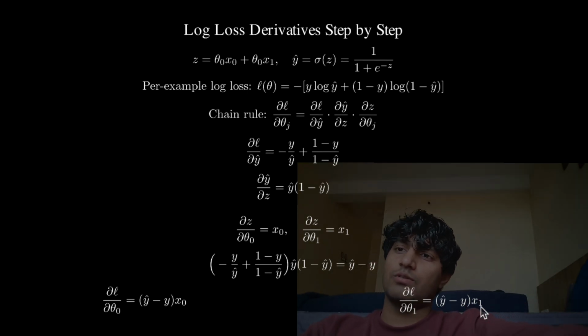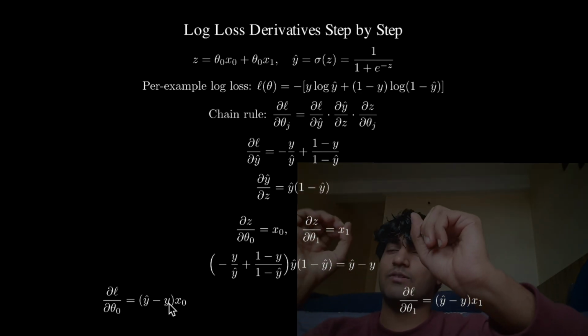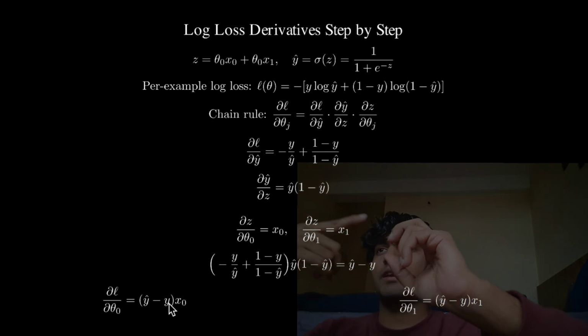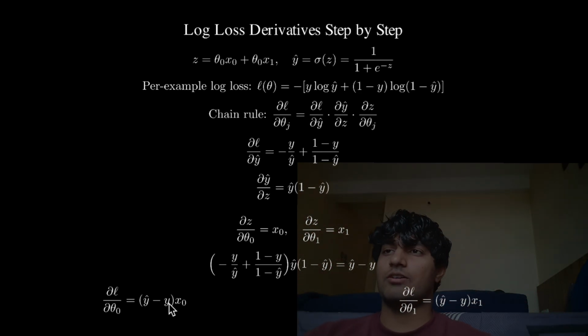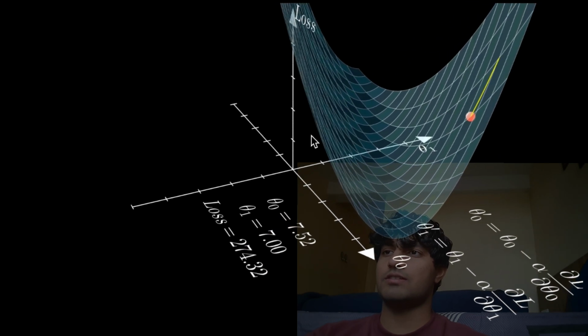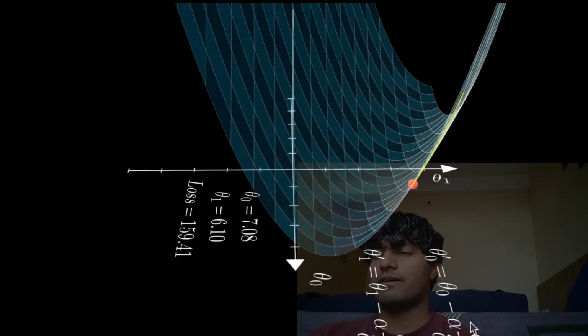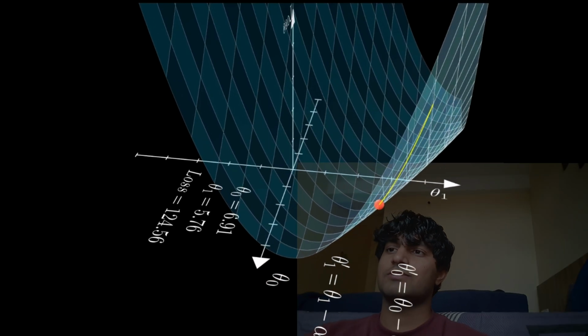So we get the same result as we got with linear regression. We can use this value to subtract from the thetas in a loop, and the thetas will be updated automatically. This is prediction minus actual label multiplied by the x feature, and for the next it will be prediction minus actual label multiplied by the x1 feature.